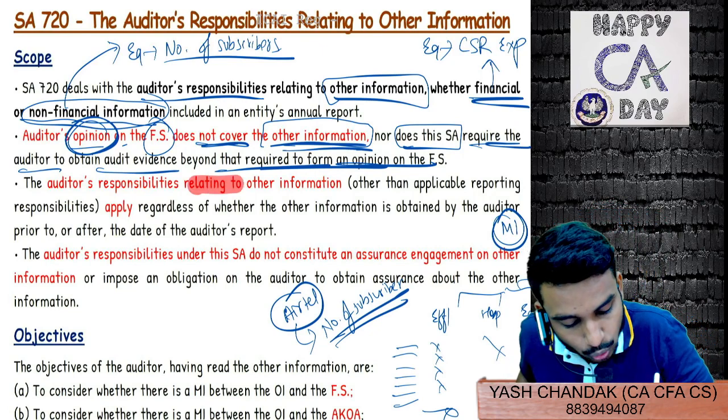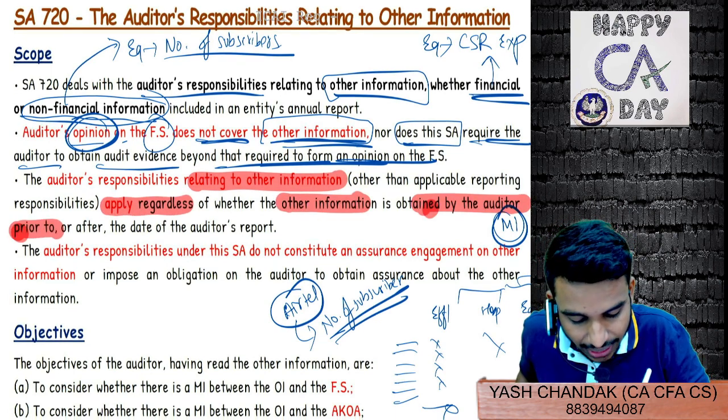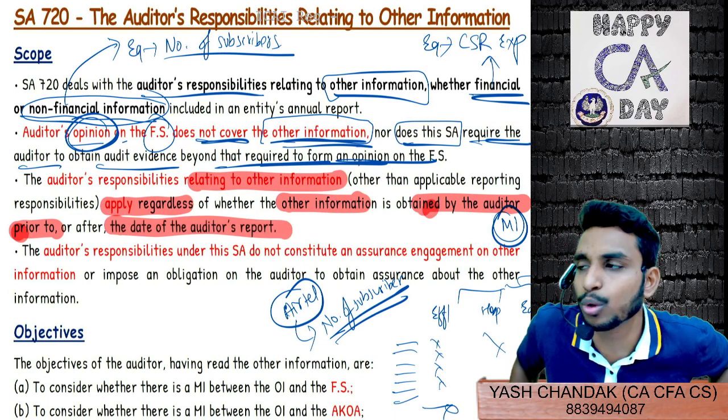The auditor's responsibility relating to OI applies regardless of whether the OI is obtained by the auditor prior to or after the date of the auditor's report.